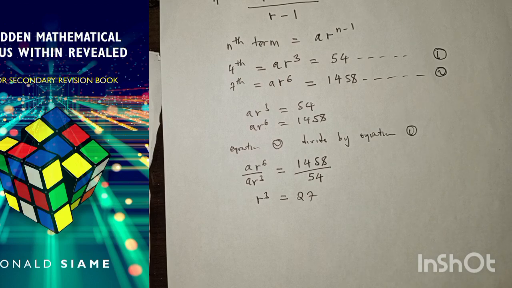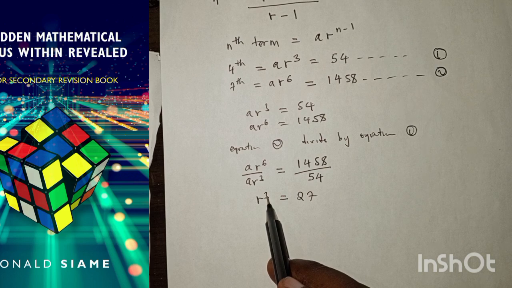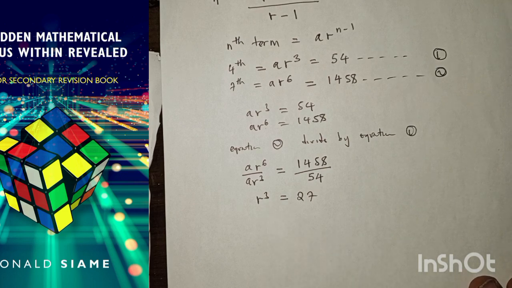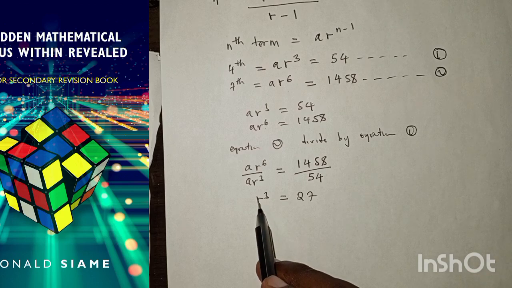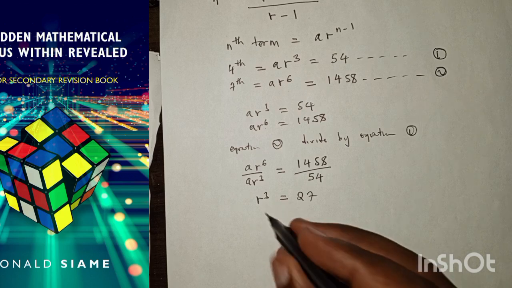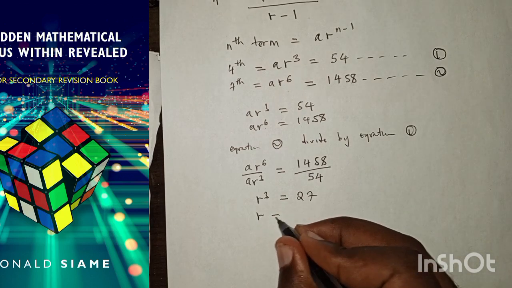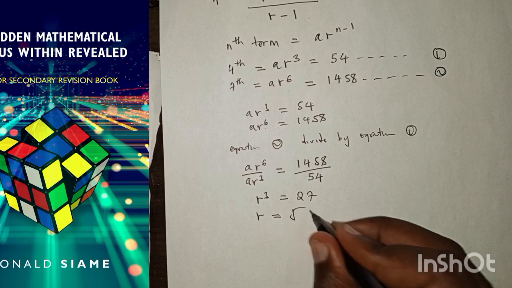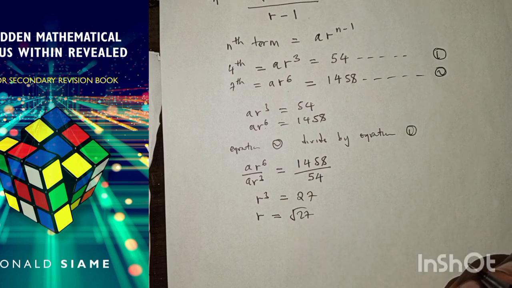Okay, then for us to remain with r, what you do is you do the opposite of the cube. The opposite of a cube is the cube root. So you cube root both sides of the equation. If you introduce the cube root here, the cube root and power 3 will cancel out. So we are going to remain with r is equal to cube root of 27.